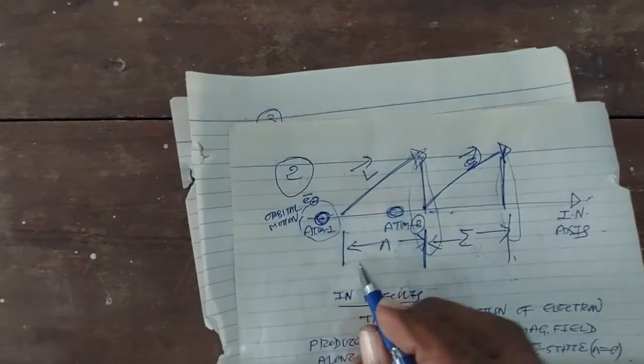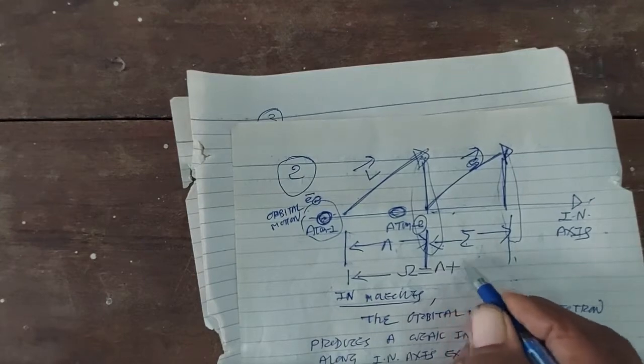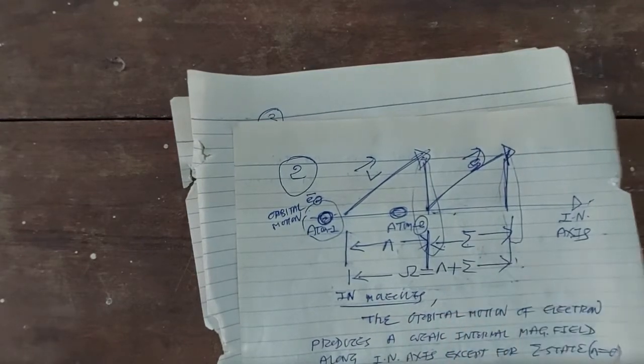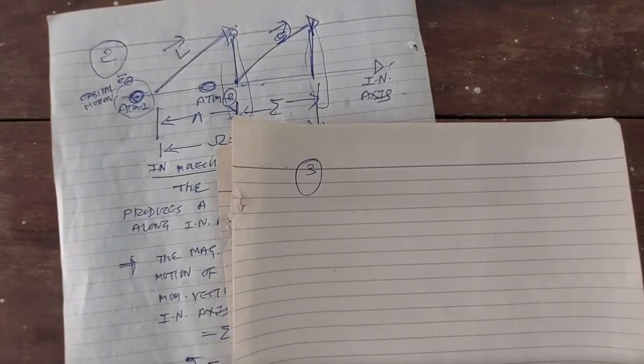you will get the total quantum number omega, right? The sum of these two will give the total quantum number omega, which is nothing but lambda plus sigma. So in the third part, I write about the total quantum number.